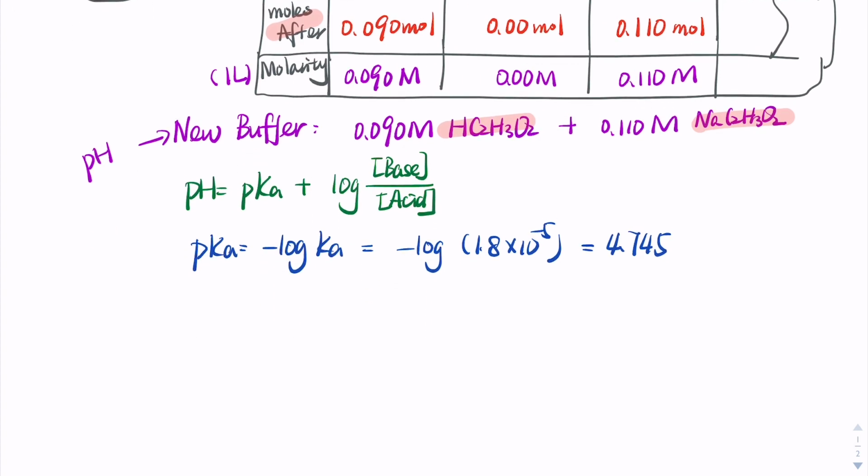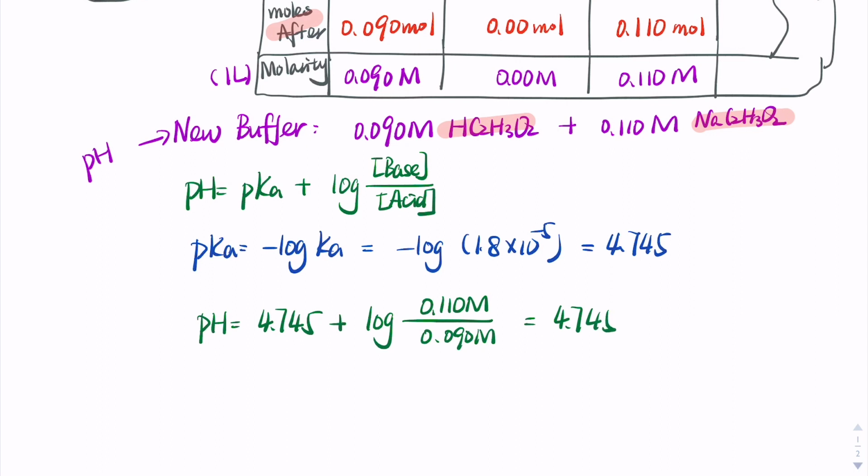So the pH will be 4.745 plus log of the base, which is 0.110 over 0.09. So this will be 4.745 plus the value of this, and then you do the calculation.